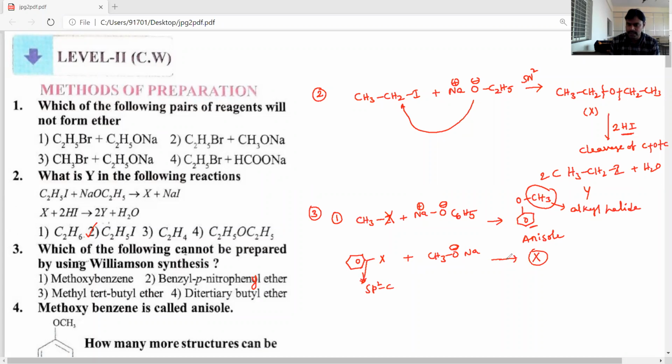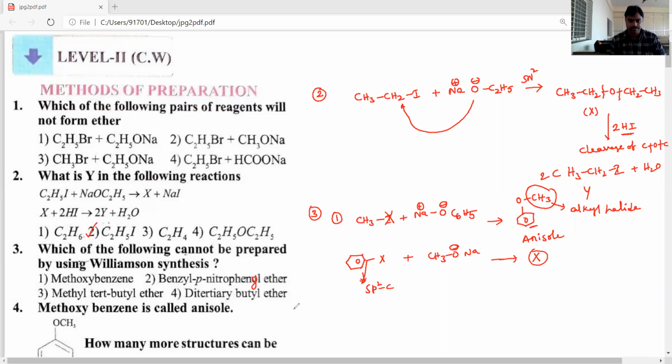They cannot undergo the SN2 mechanism or nucleophilic substitution reactions. That's why anisole is possible by the reaction between methyl halide and sodium phenoxide.